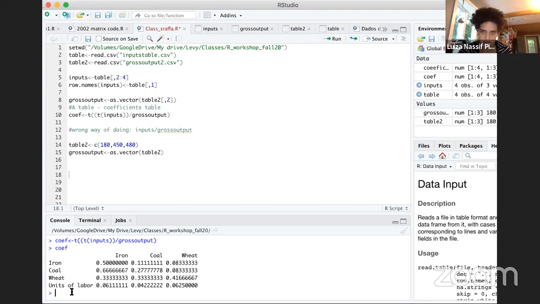That's the general formula for a multiplier, which gives you the sum of a geometric progression with a ratio. I don't know if anyone follows me mathematically, but that's the intuition behind why the Leontief inverse is (1 minus x) to the power of minus 1, or in this case, the identity matrix minus the table, inverted.